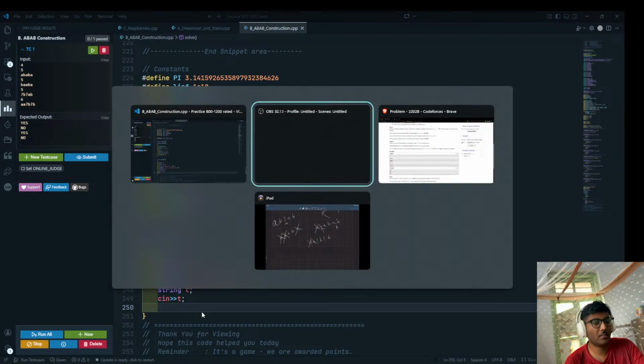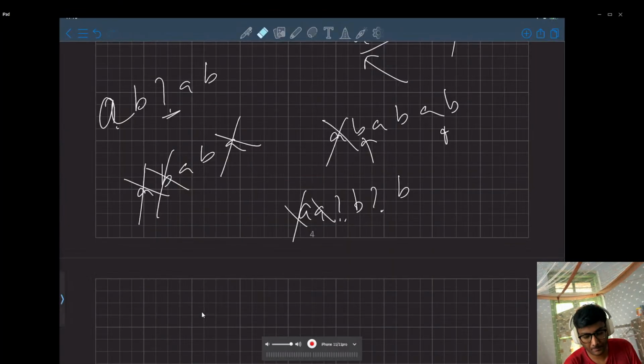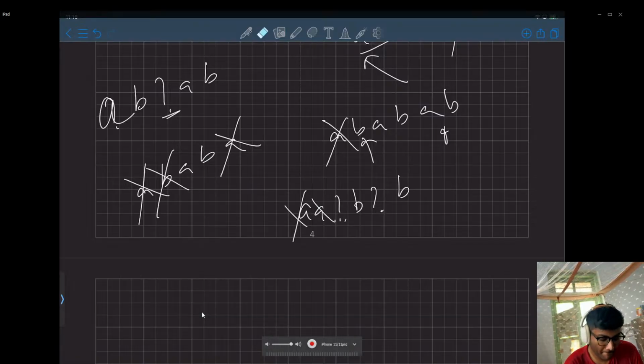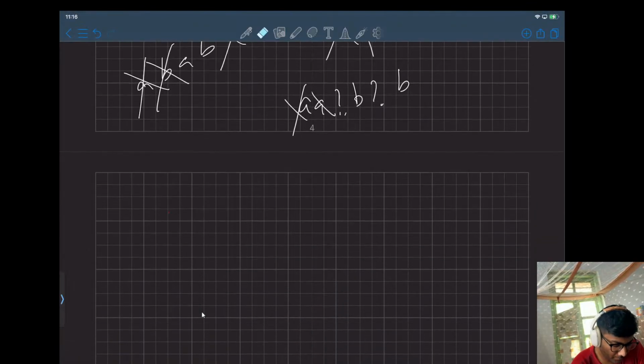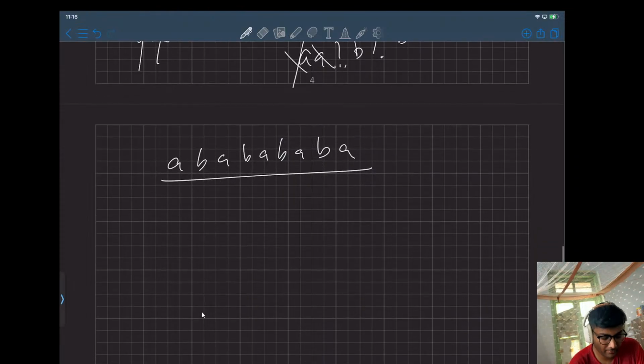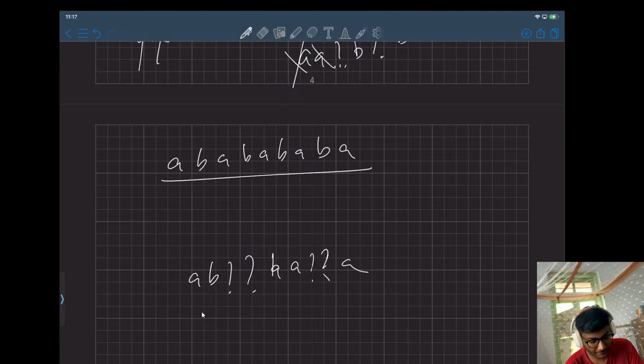So let me tell you this approach I'm thinking. So let's say A, B. Let's say I have this, and let's say I have some string that I want to generate A, B, B, A, question. So 1, 2, 3, 4, 5, 6, 7, 8, 9. So here I can have this A. Let's call this.